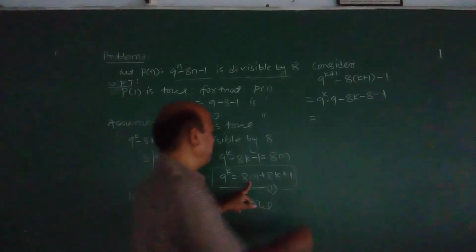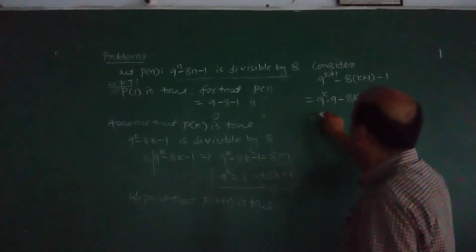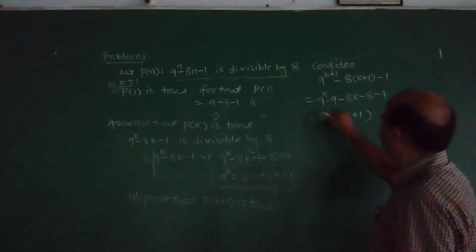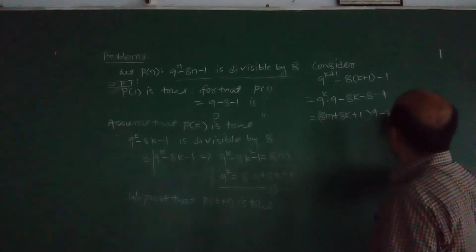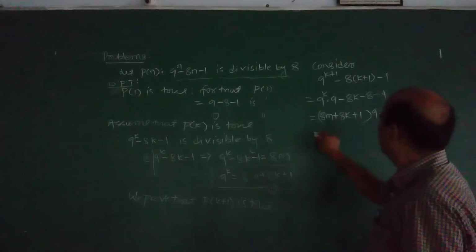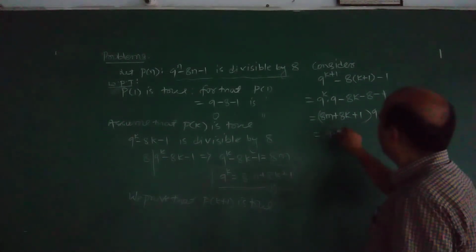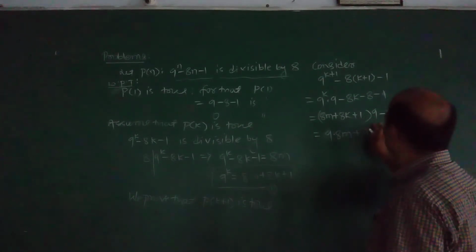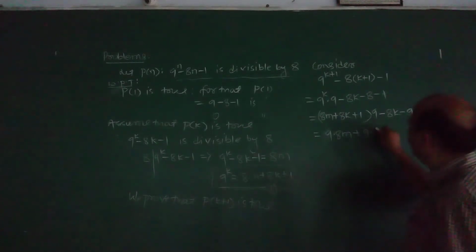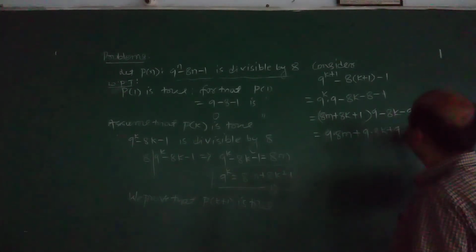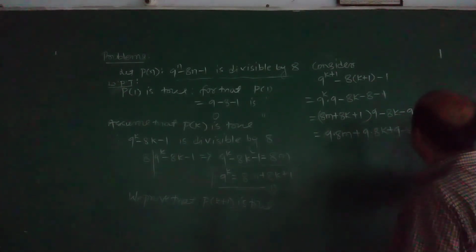What is 9 raised to k? 9 raised to k is 8m plus 8k plus 1, into 9 minus 8k minus 9. Therefore, 9 into 8m, 9 into 8k plus 9, minus 9 cancels, plus 9 minus 8k minus 9.